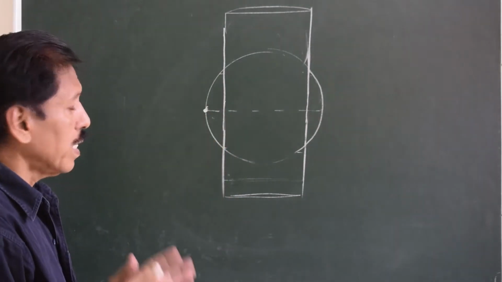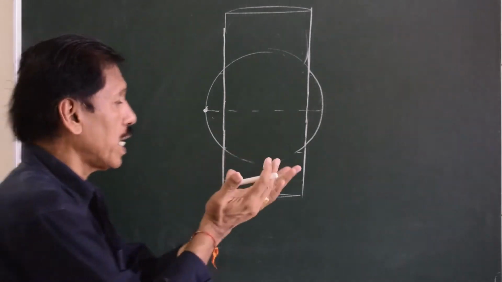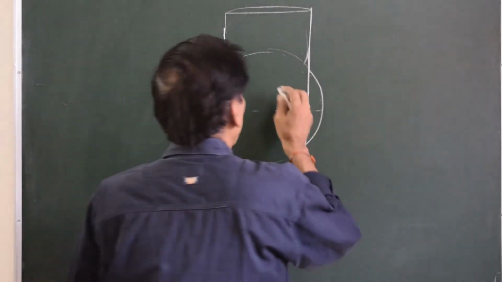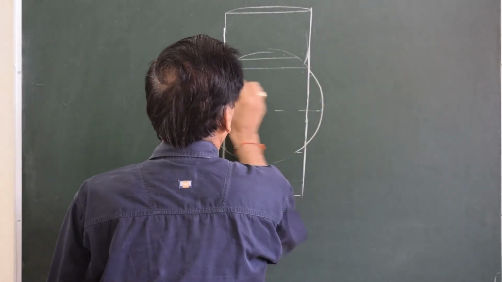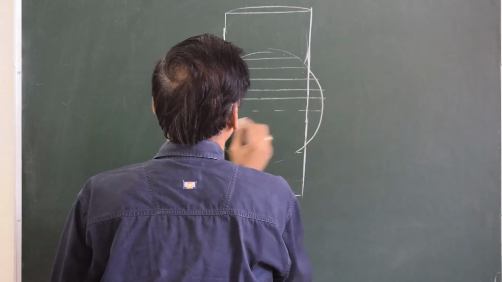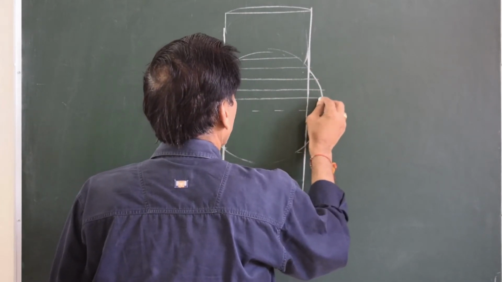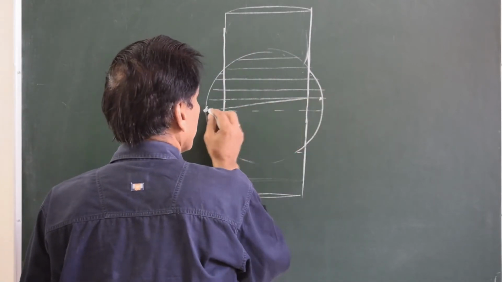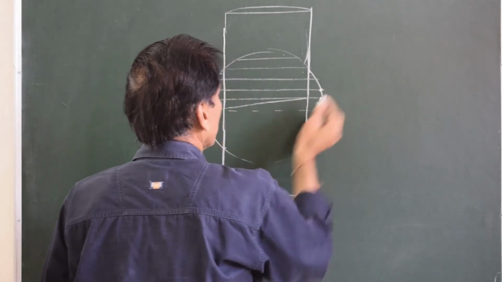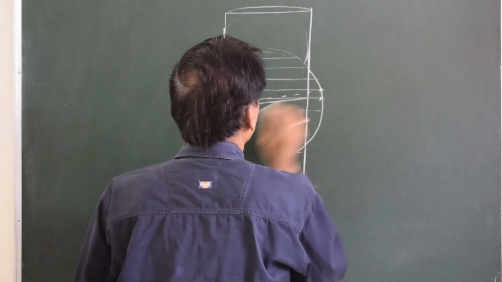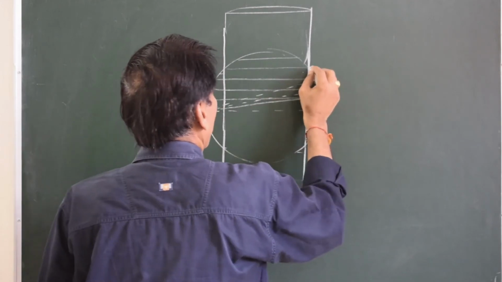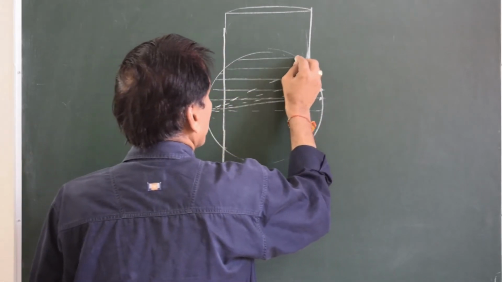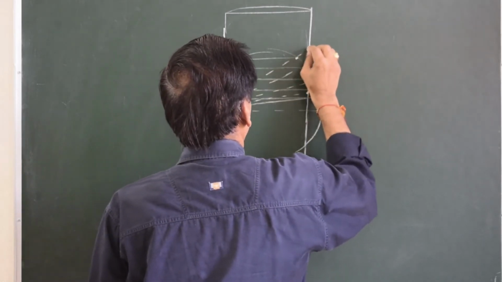Now what will happen is, the light is switched on and everything on the globe gets projected on the inner concave of the cylinder. If you have parallels of latitude like this, the projection of this point will be found by drawing a line from here to this point. Then the projection of this point will be found by drawing a line this way, and this particular point on the parallel of latitude would be projected like this.